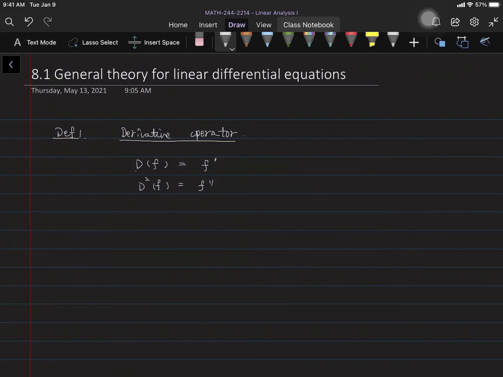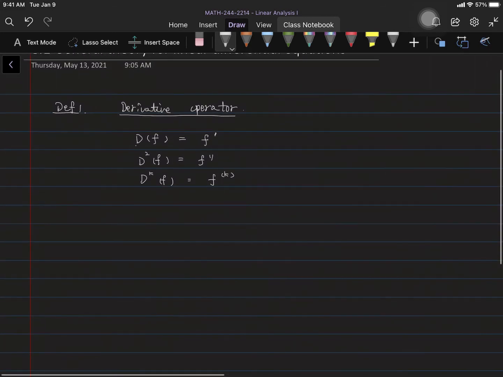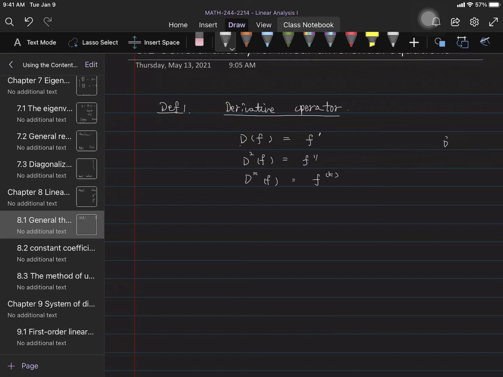And in general, D to the kth power f means the kth order derivative. So that's why it's called the derivative operator. It just means the order of the derivative. Okay, so this is the definition. For example, what is D cubed f? That means the third derivative of the function, right?